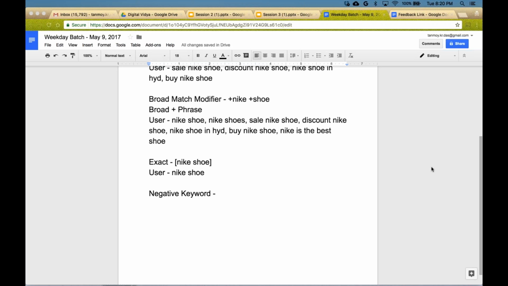It is not case sensitive or space sensitive. The plus sign has to be at the beginning of the word without any space.